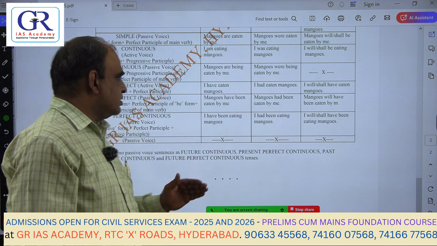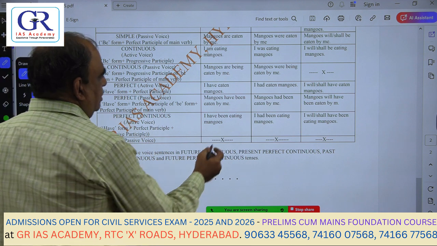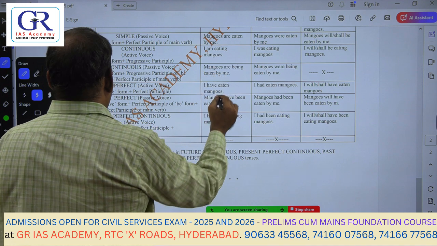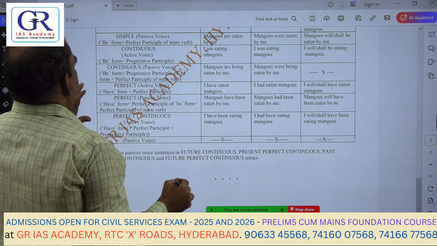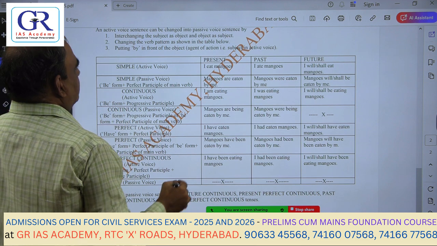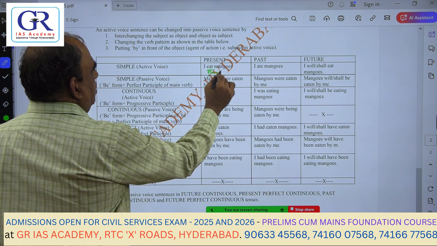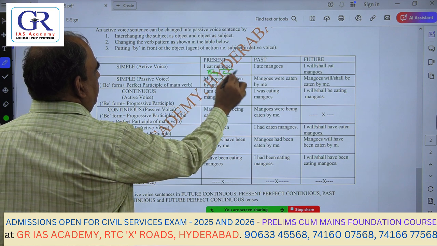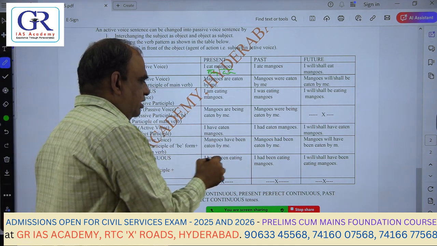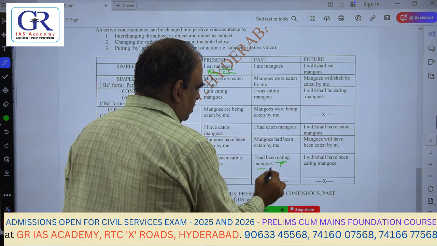Once you understand the tenses, it is very simple. If you replace this eat, very simple. Instead of eat you use play, instead of mangoes you use cricket. I play cricket. Very simple. You can make use of this anywhere. Here, I had been playing cricket.